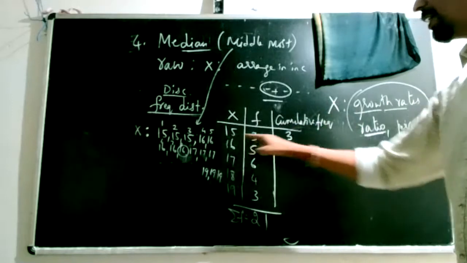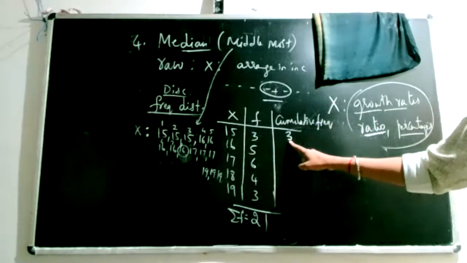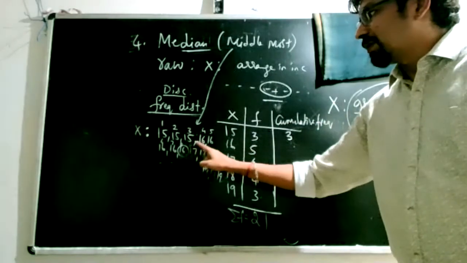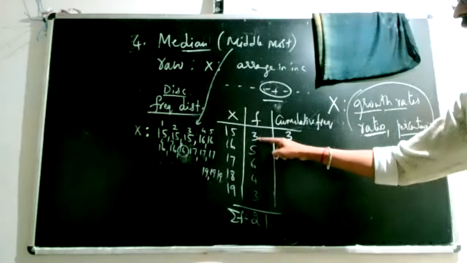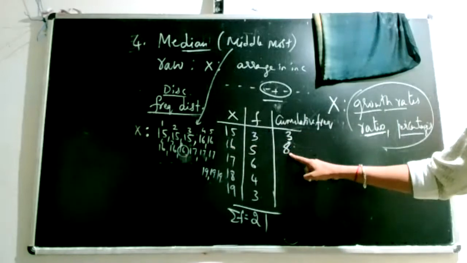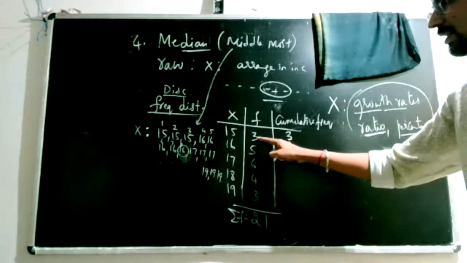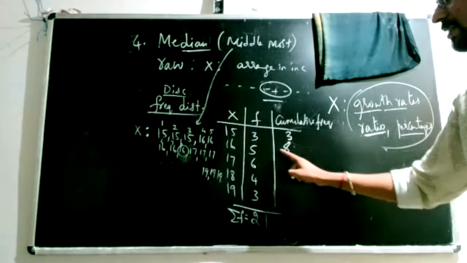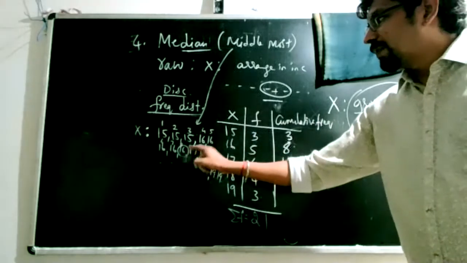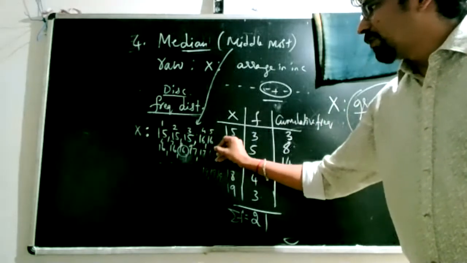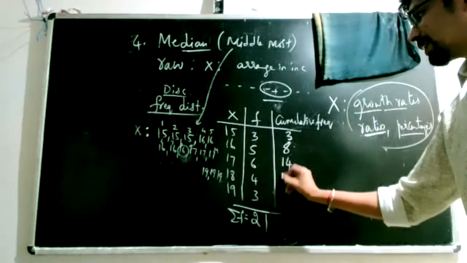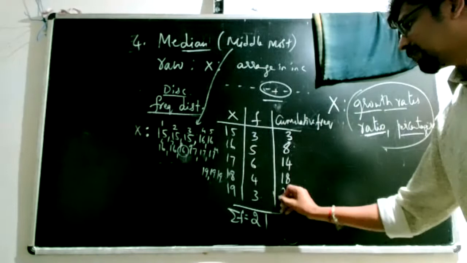So 15 is up to 3rd position, and from 4th up to 8th position, which is nothing but 3 plus 5, 8. So 16 is present up to 8th position. Now if you say 3 plus 5 plus 6, which is same as 8 plus 6, which is 14. Now in the data, from 9th position up to 14th position, I have the number 17. Then 14 plus 4, 18, 18 plus 3, 21.